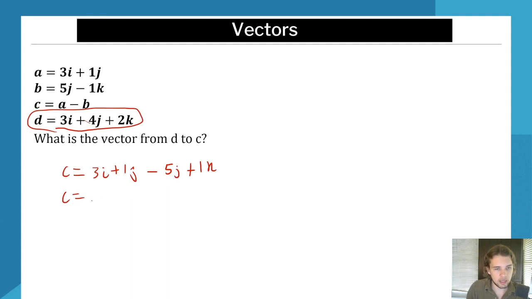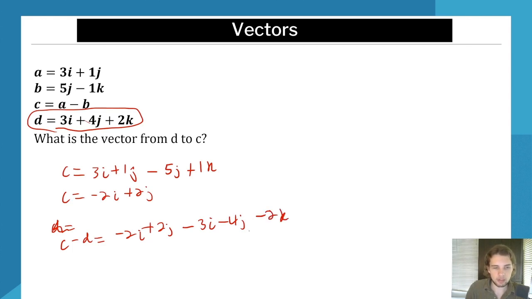So C is equal to 3i minus 4j plus 1k. Then we want to get D to C, so that means we're doing C subtract D. So that equals 3i minus 4j plus 1k, and then we subtract everything in D. So this is all quite simple. It's just very basic addition, subtraction, etc.